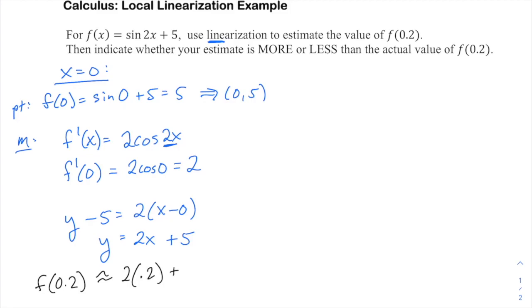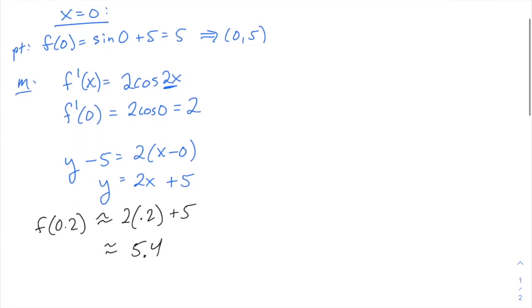If you can't visualize what I'm talking about, we'll check that out in a minute. So 2 times 0.2 is 0.4, and 0.4 plus 5 is 5.4. Sorry, that took me so long there. It's challenging stuff. Addition. So f of 0.2 is probably in the ballpark of 5.4.